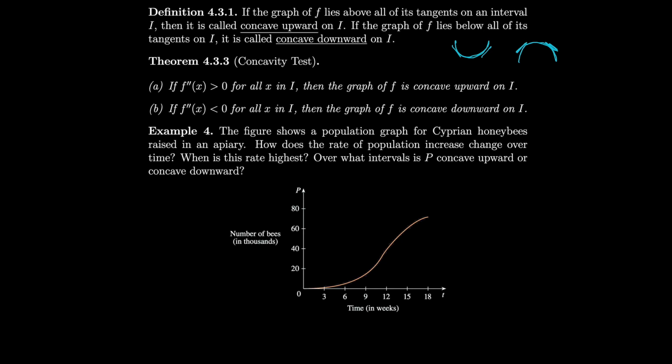So let's do our concavity test. If our second derivative is positive for all x in an interval, then the graph of f is concave upward. If the second derivative is negative, then the graph of f is concave downward. That should, I guess, make sense because you're looking at the rate of change of these tangents.